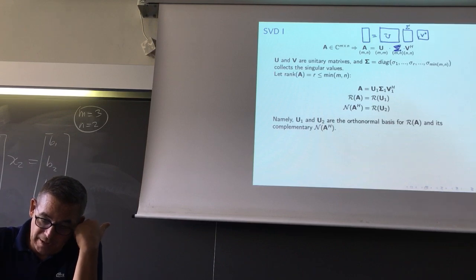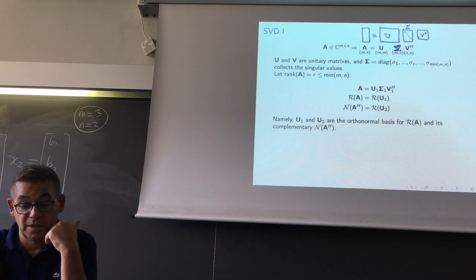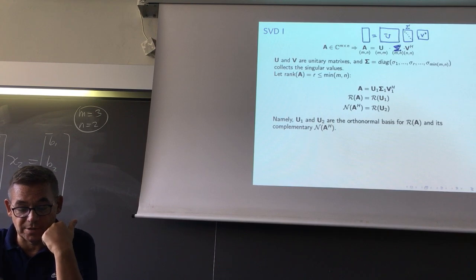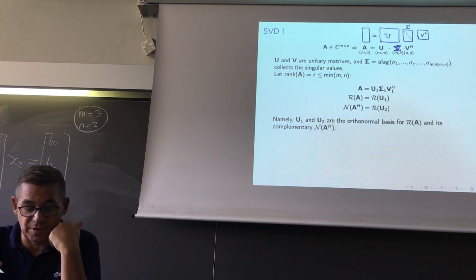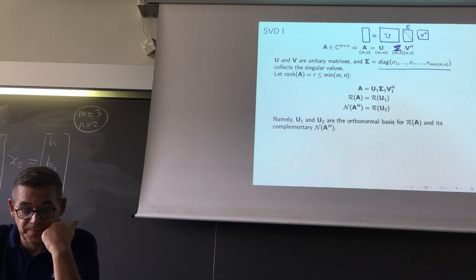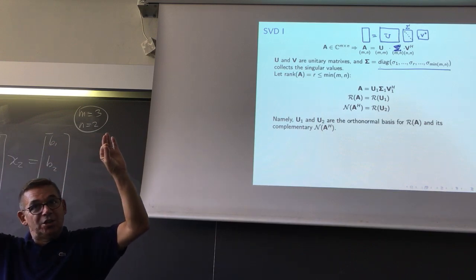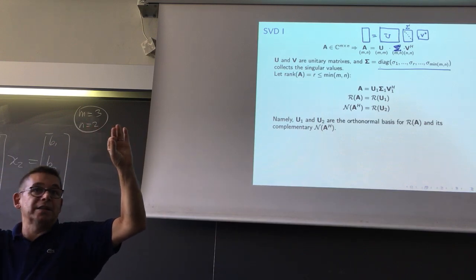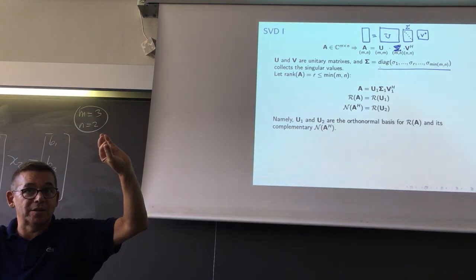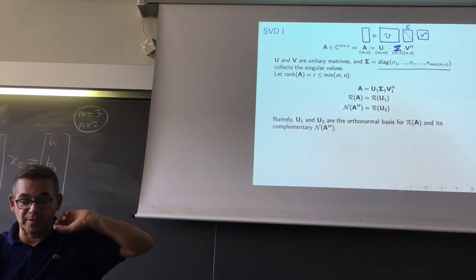This matrix sigma contains only entries along the diagonal. These entries are sigma 1, sigma 2, and so on. They keep on filling along the diagonal until the minimum between the rows and the columns of the matrix A.